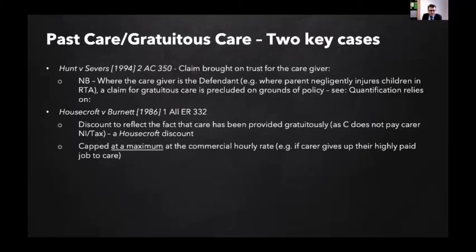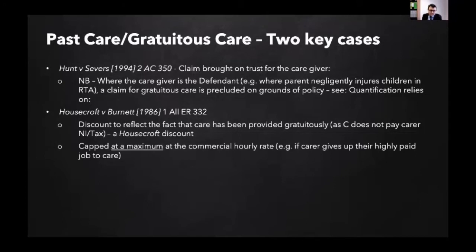The second point comes from the case of Housecroft, that sets out quite a bit in respect of gratuitous care, but it's this, that your claim for gratuitous care is usually capped at the ceiling rate for commercial care. And this can often arise where a highly paid individual has, for entirely understandable reasons, given up work to look after their injured relative.